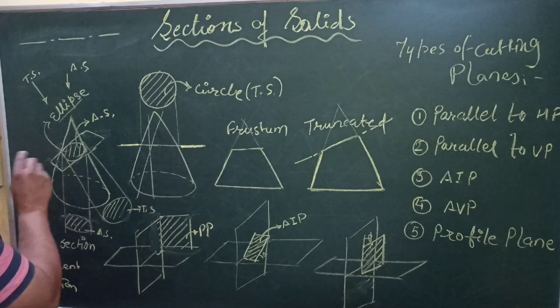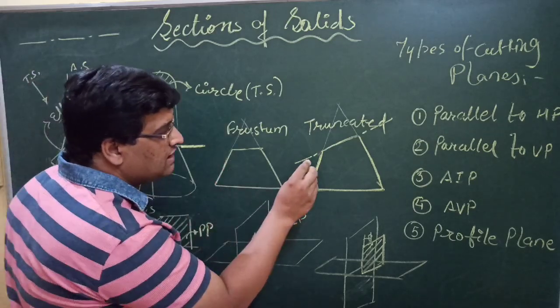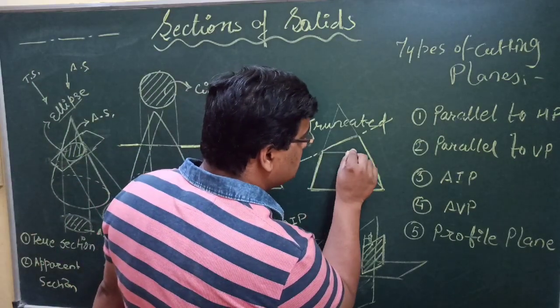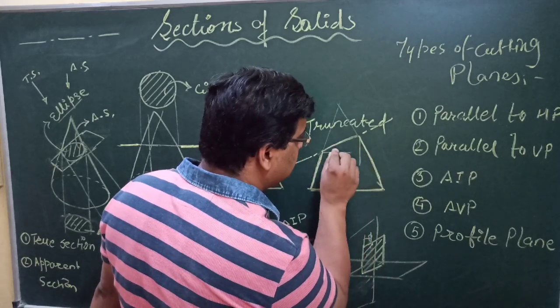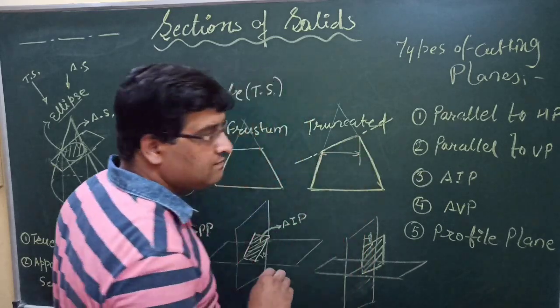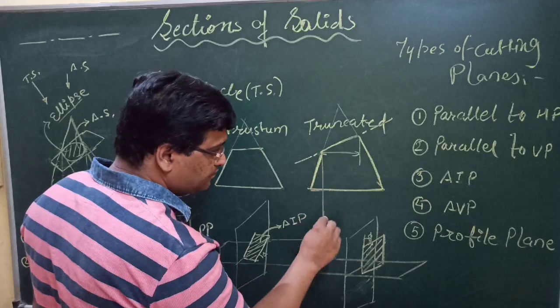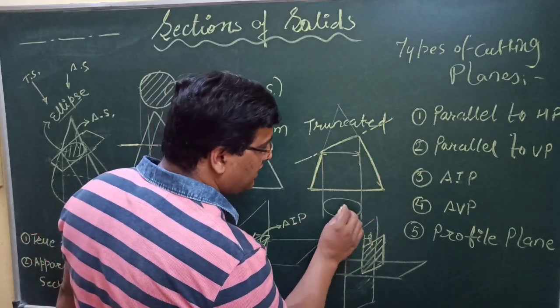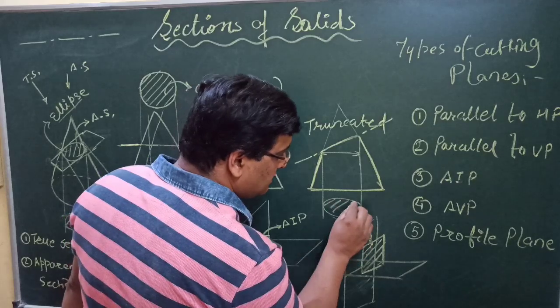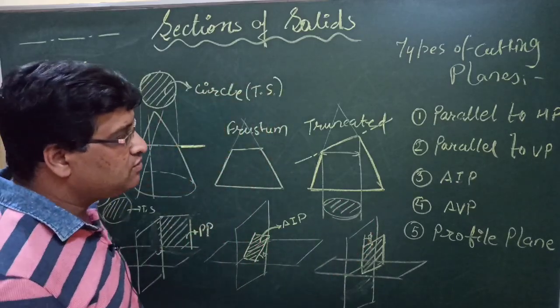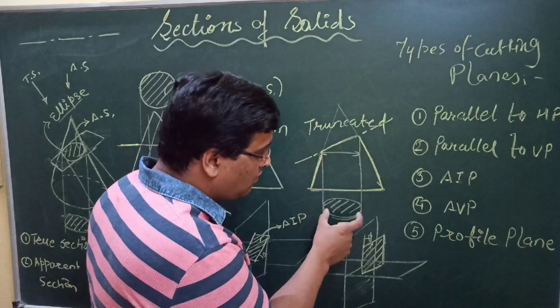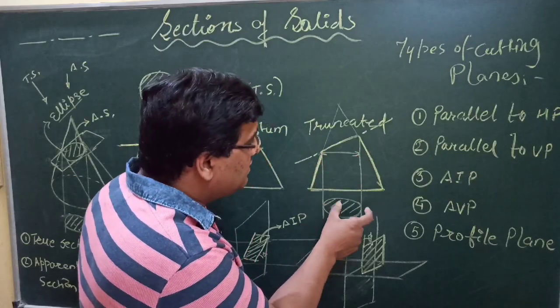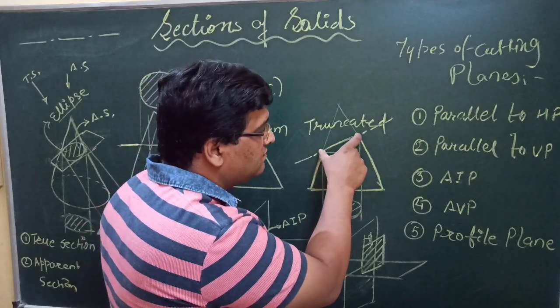because whatever you are seeing here, it's something like that. You are seeing this distance only in the top, right? If it is an ellipse, you are seeing this much distance or width of the ellipse, but actually it is this one.